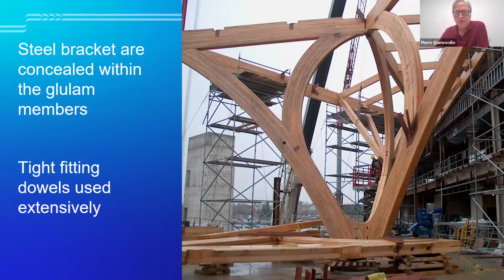I will go through some of the design, but you can see the steel bracketry installed in the side of the curved glulam members, and some peculiar holes in those members.